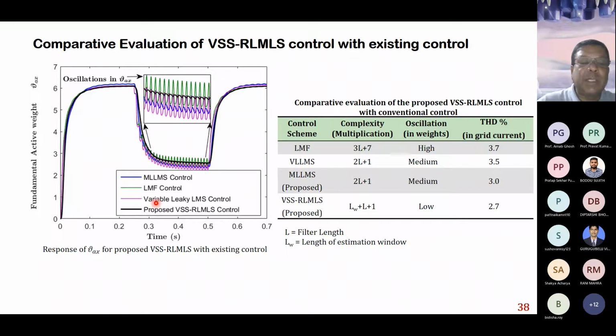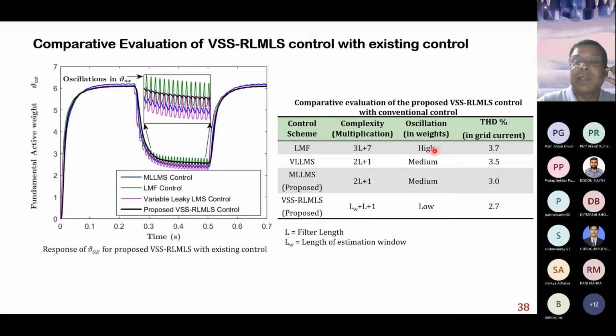One is this modified leaky LMS that we discussed first, then variable leaky, then least mean fourth, and the proposed variable step size one. You could see the purple one represents the variable, and the black one is the proposed one that has exhibited least oscillation in the active components, the weight components.